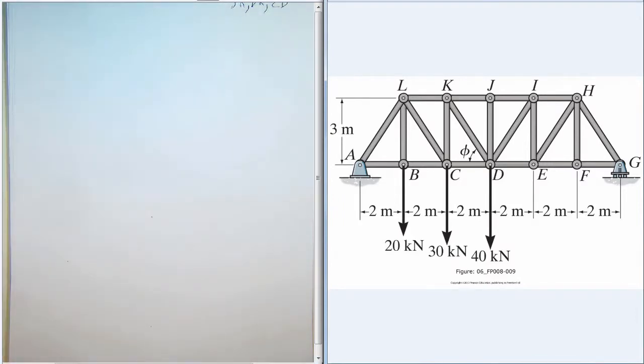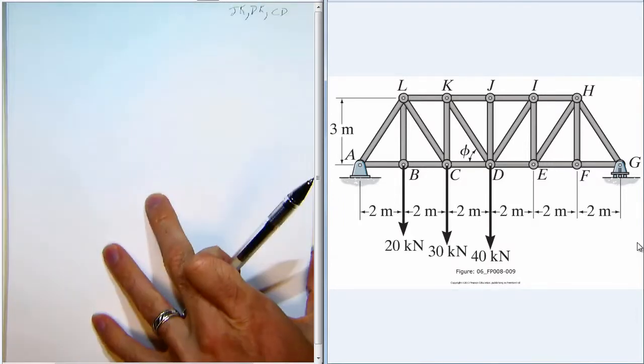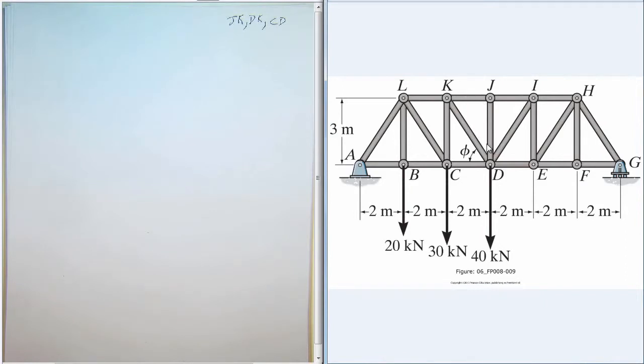So that will be JK, DK, and CD. So we'll want to draw a line right through here, and that will be our imaginary line or imaginary cut.